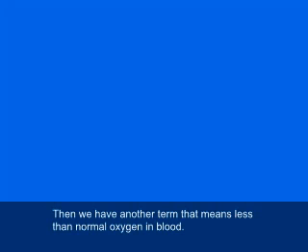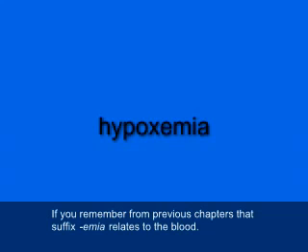Then we have another term that means the less than normal oxygen in the blood, and that is hypoxemia. Hypoxemia. If you remember from previous chapters, that suffix emia relates to the blood.